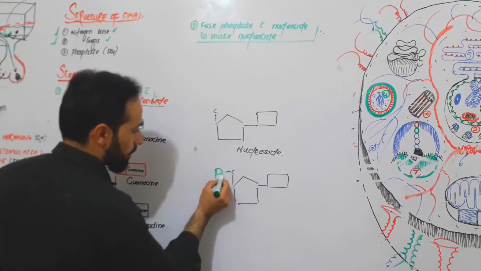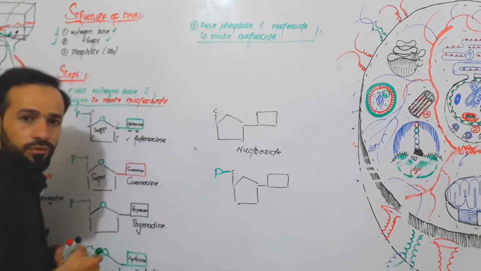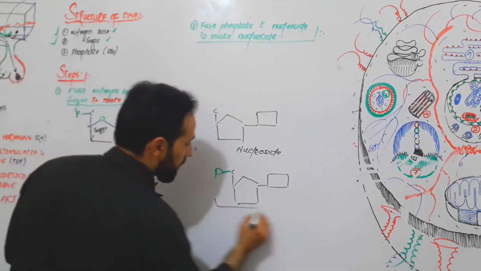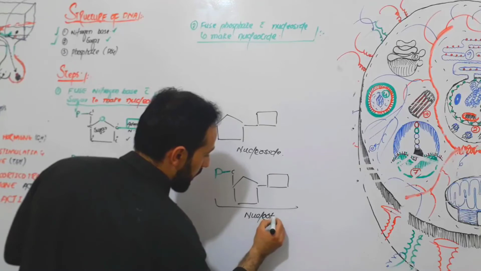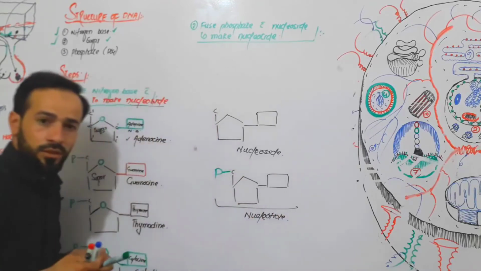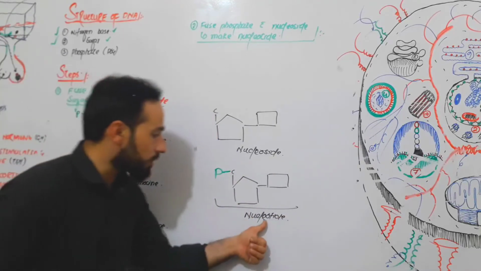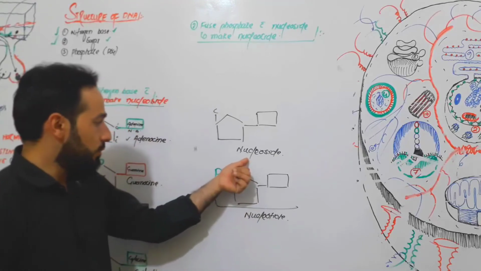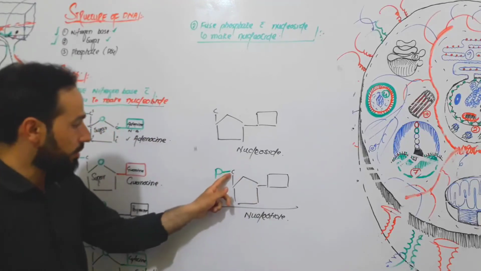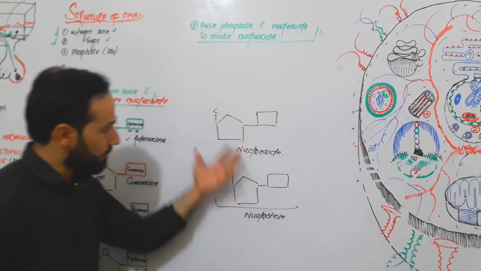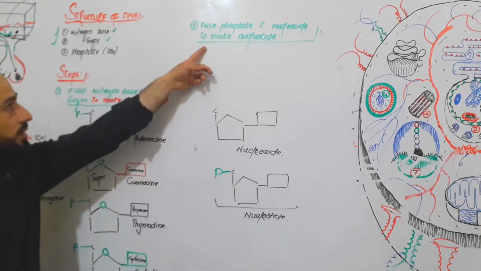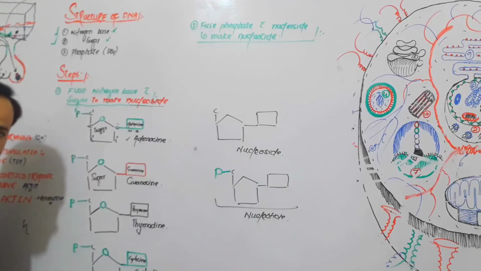Here we put the phosphate, PO4, right? So what happens? This is now a nucleotide, right? So in order to make a nucleotide from nucleoside, you just put a phosphate on carbon number 5. You will get nucleotide, right? So this was the next step that we did here, right?